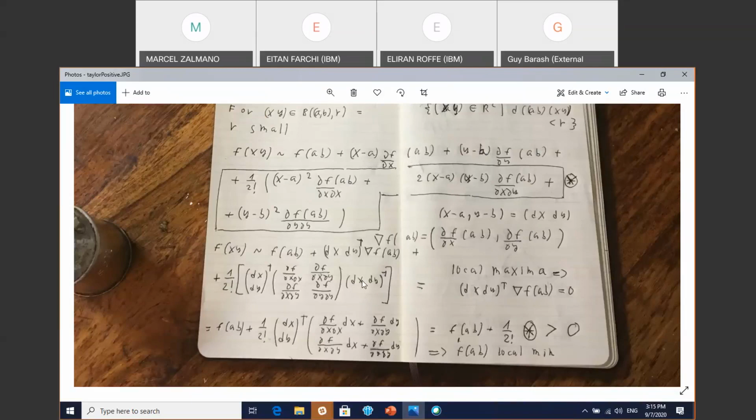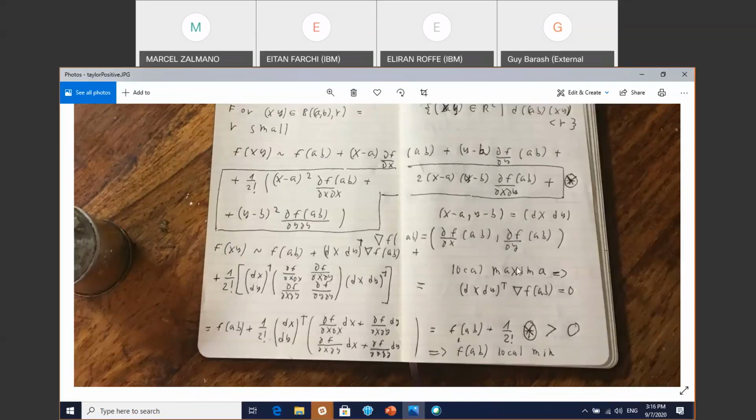And if we want this to be a local minima, then this needs to be greater than 0. If it's greater than 0, then fxy is going to be bigger than fab. So that's the reason this multiplication of the matrix and the vectors should be greater than 0.